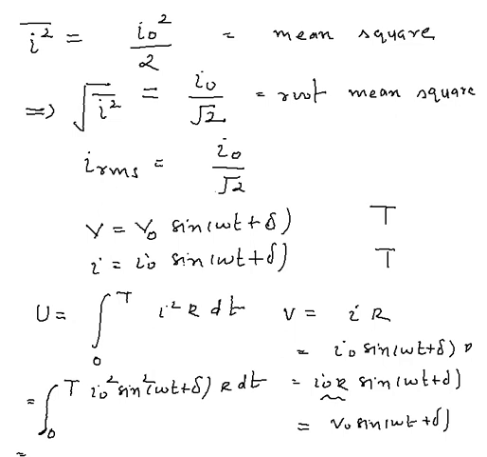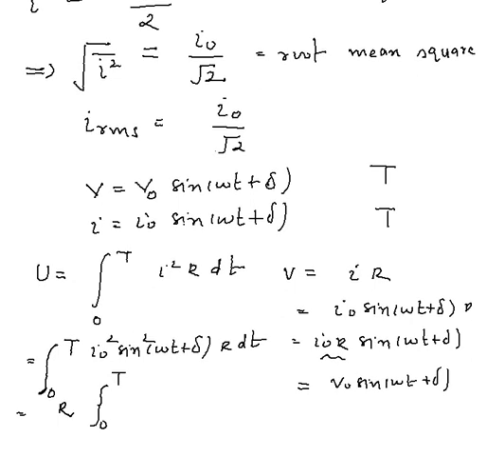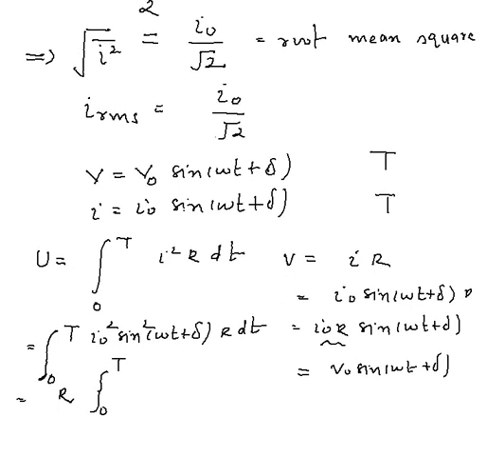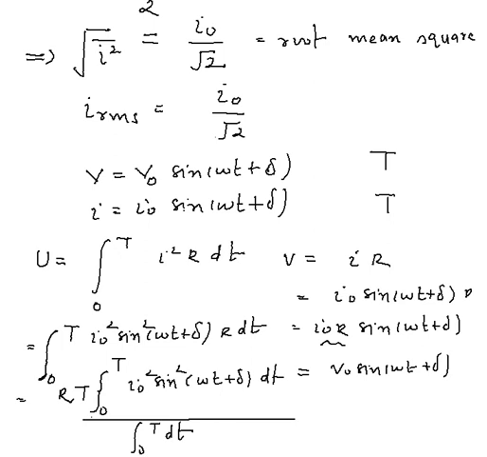We had something similar for RMS discussion. Taking capital R out, integral 0 to t. Let me multiply by t, divide by t, I naught square sine square omega t plus delta dt. This t I can write as integral 0 to t dt. Does this strike you something?